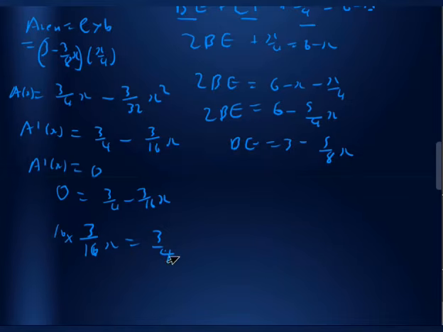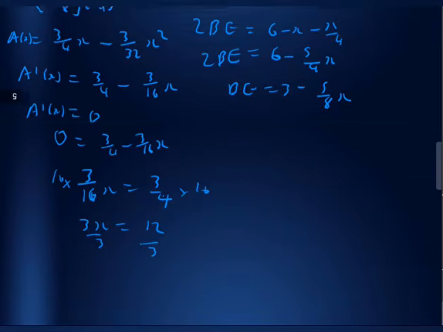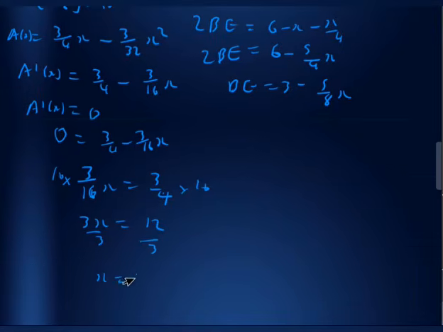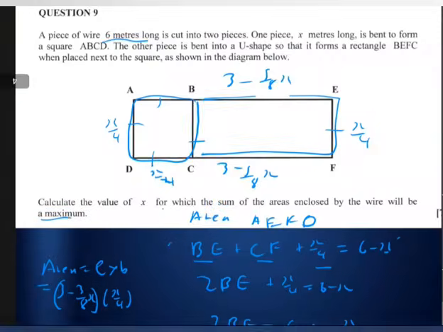So times 16, the 16 will cancel, and then it's going to be 3x, and this is going to be 12. So I divide both sides by 3, I get x is equal to 4. So now I've got x is equal to 4, so we're done.